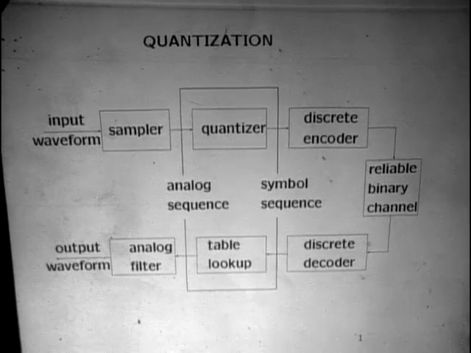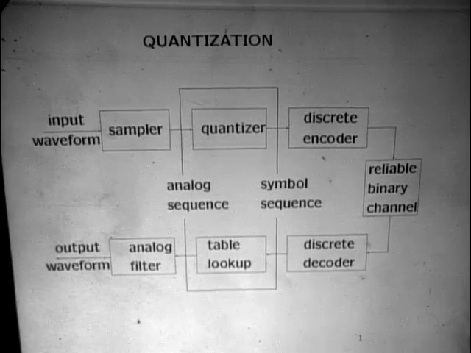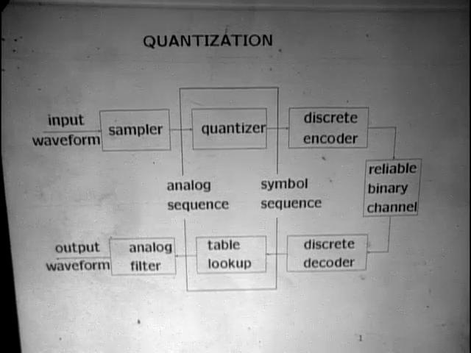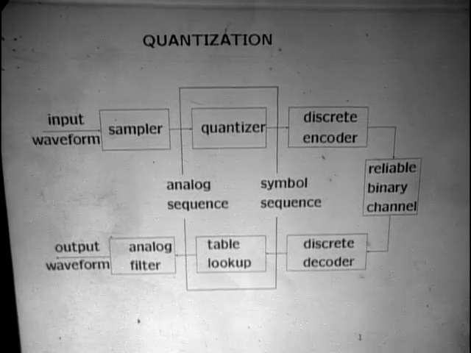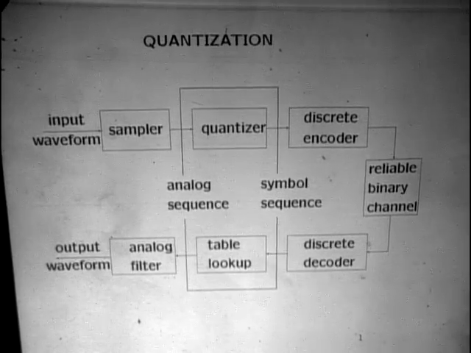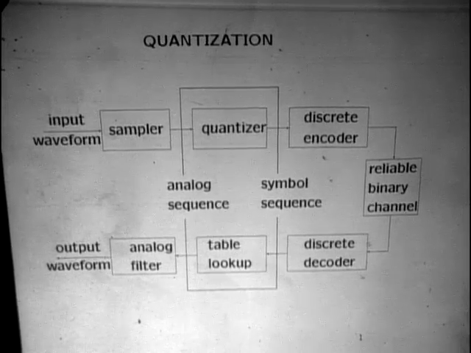And the output is essentially the same as the input. That's the whole purpose of how you design digital channels. And they work over analog media and all sorts of things. So discrete encoders and discrete decoders are really a valid topic to study in their own right.